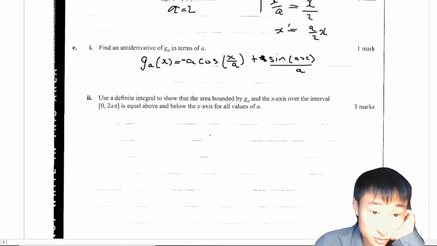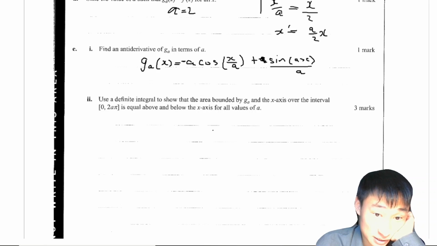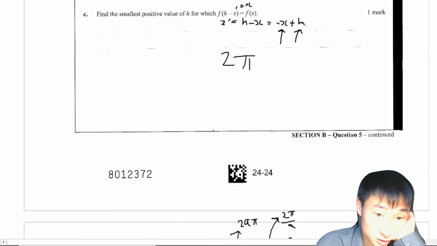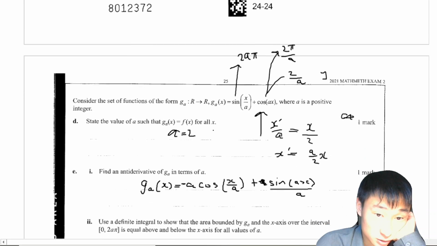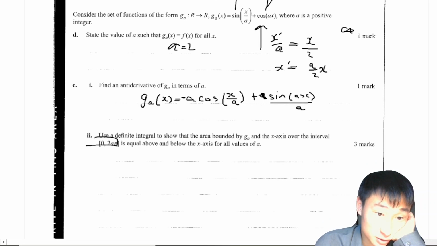Okay. Use the definite integral to show that the area bounded by the graph g a of x and the x-axis over the interval 0 to 2a pi is equal above and below the x-axis for all values of a. Well, this is the period.